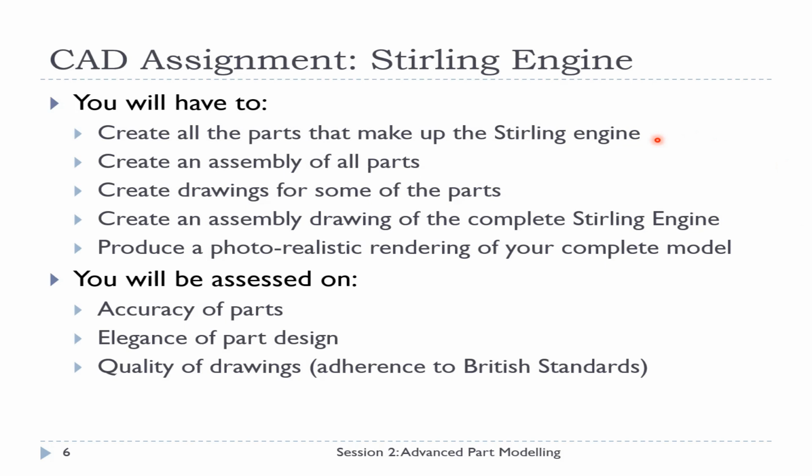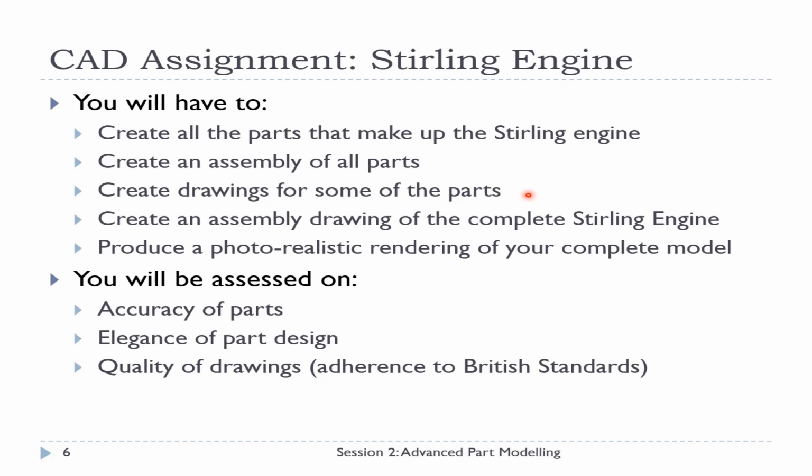So effectively, as we said earlier, you'll have to create all the parts that make up the Stirling engine, and then you need to put all parts together to create an assembly, and then you'll have to create drawings for some of the parts.